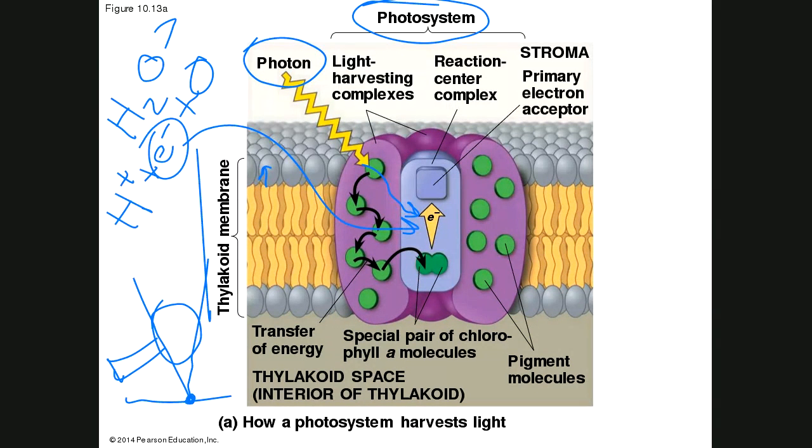Okay? So that's what's happening here. All of that energy from those different pigment molecules, it's not just one pigment molecule absorbing a photon, they're all absorbing them, right? And they're jumping from lily pad to lily pad essentially until all of that energy is getting focused onto a special pair of chlorophyll molecules found in a reaction center. And that's where the business occurs. Right?